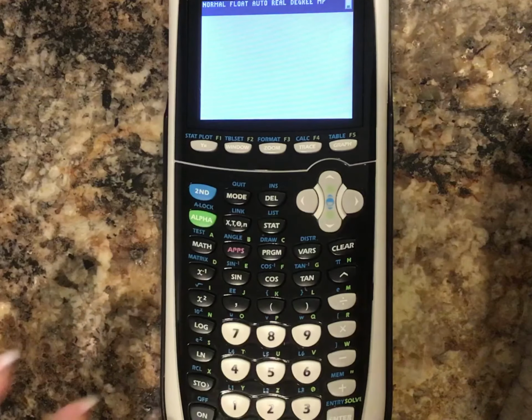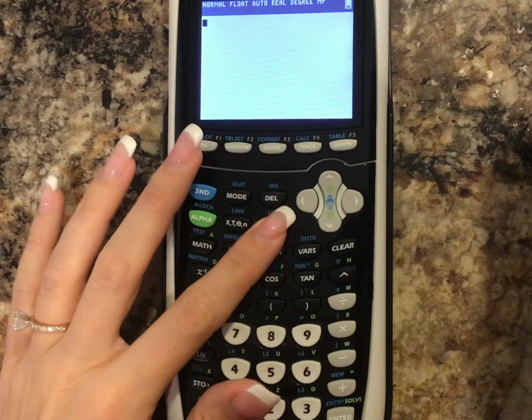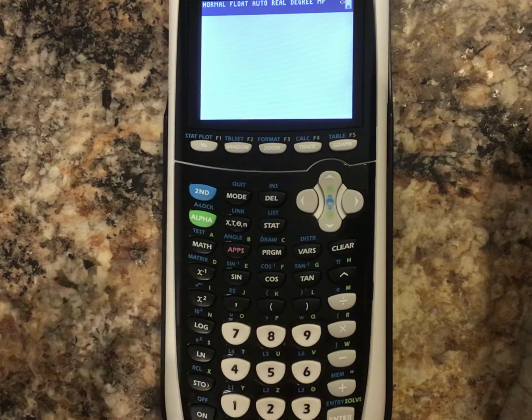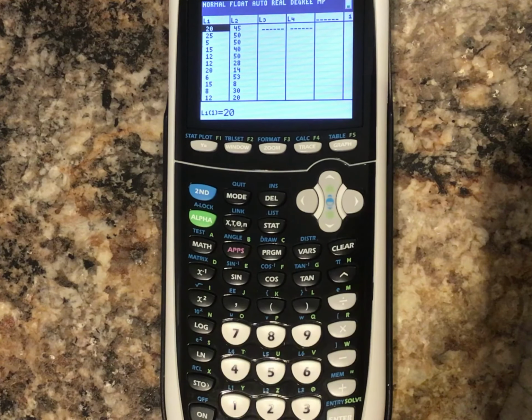So if I go to Stat and Edit, I have two lists in my calculator. List 1 is a list of average lifespans of different mammals. So we've got different species and their average lifespan.